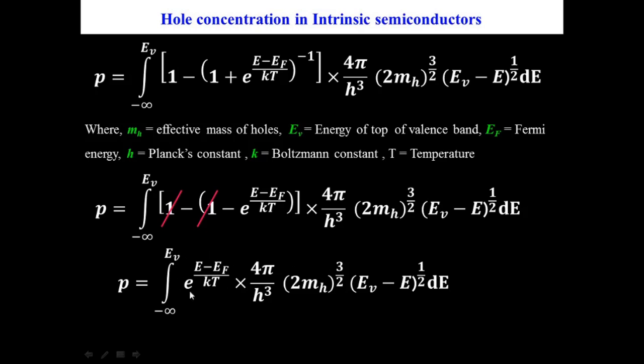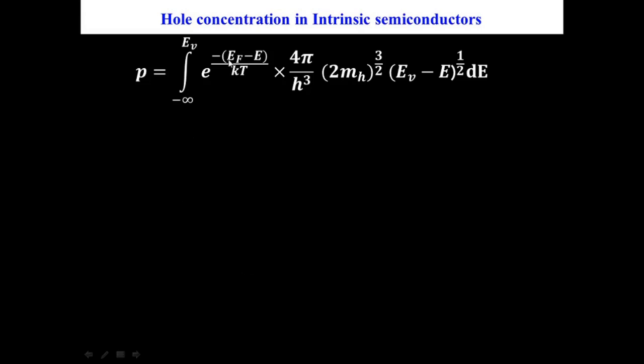Now in this exponential term we will take minus common, so here we'll get minus (EF minus E). By taking minus common, we get the integral from minus infinity to EV of exponential of minus (EF minus E) by kT, and the rest of the terms are the same.